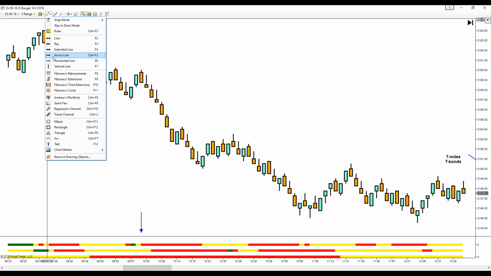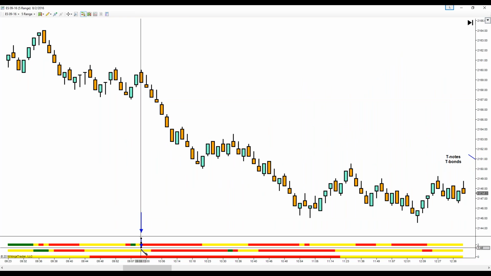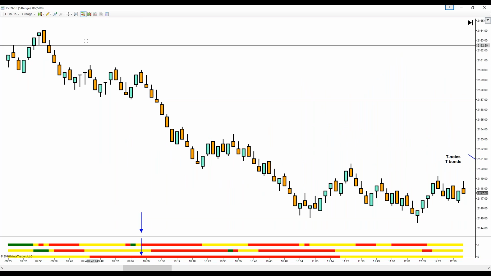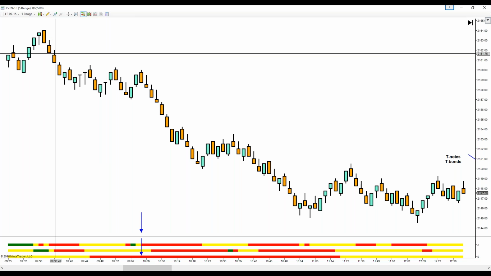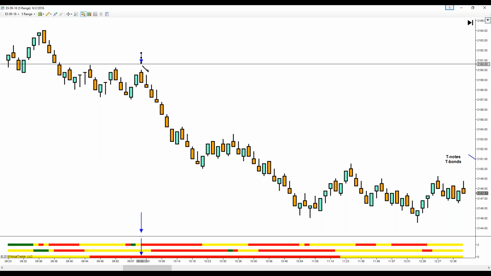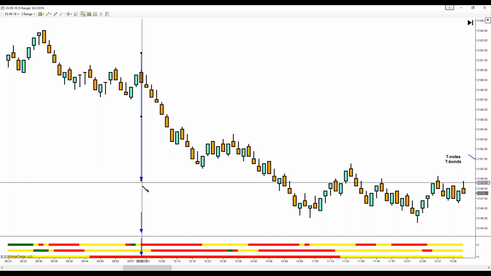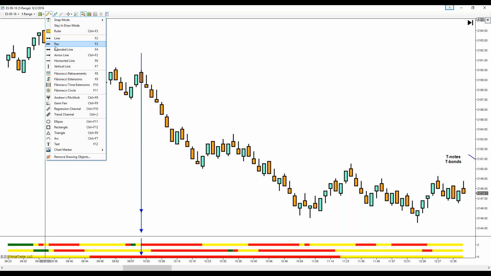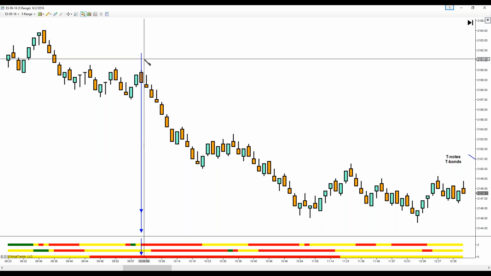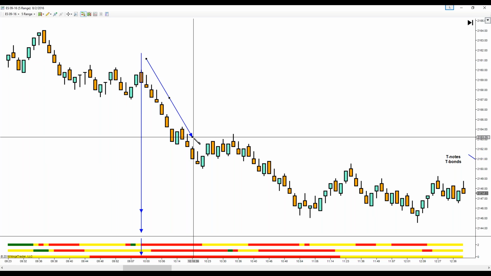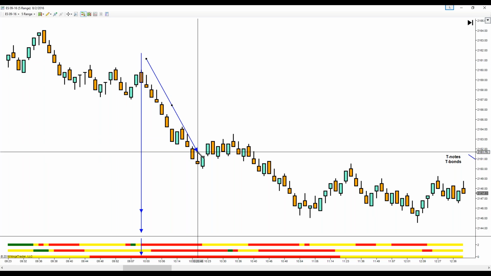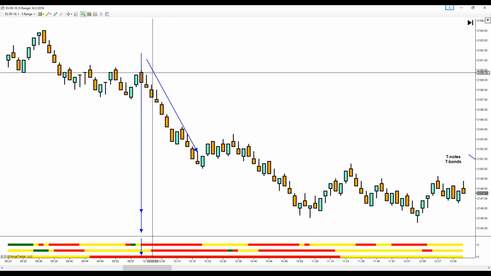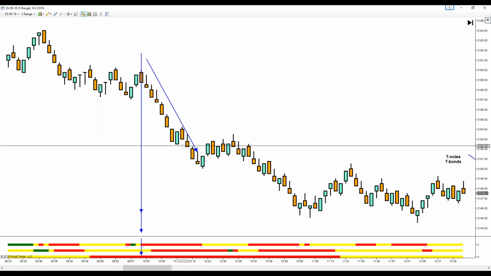Doesn't happen often, but when you get it, and it occurs right here, the E-mini is almost always going to fall. So you're going to look for a short trade in this scenario.